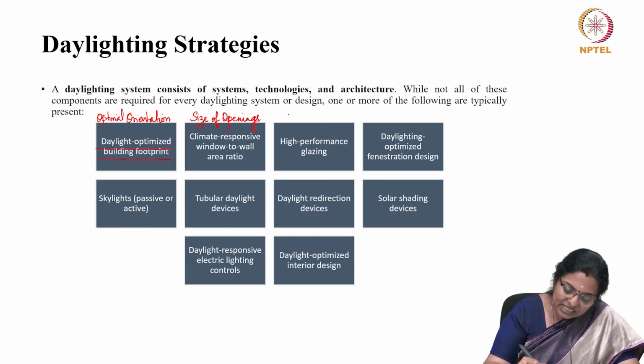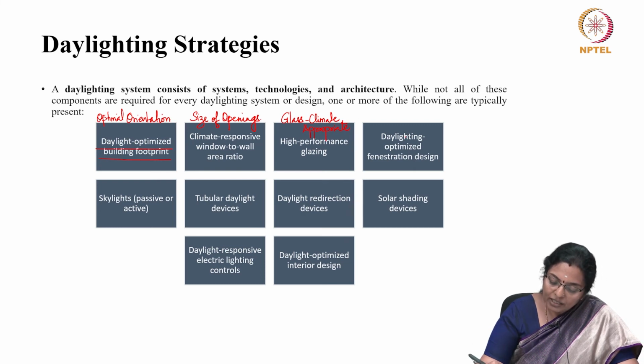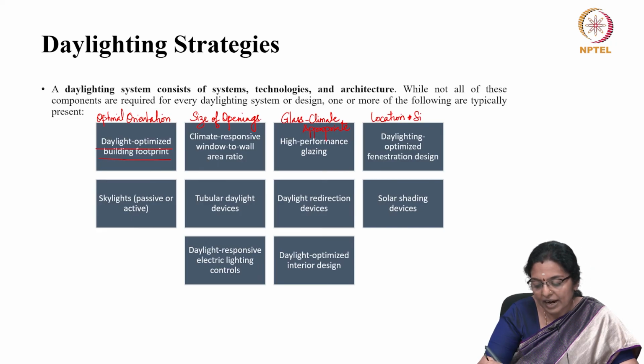High performance glazing implies use of glass which is appropriate to the climate. So, climate appropriate use of glass. Then daylight optimized fenestration design includes location and size of window.